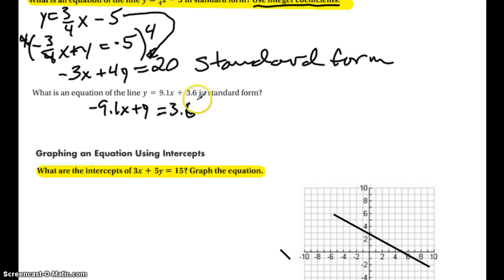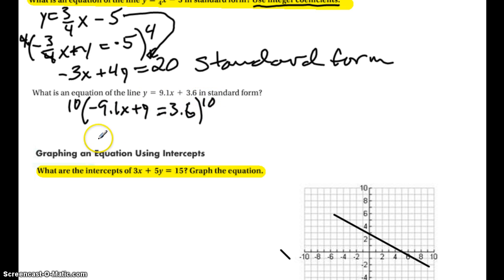And they asked us to get rid of the decimals. Or in other words, make sure we're using integers. Remember, integers are positive and negative whole numbers. Well, 9.1 is not a whole number. So my thought is, hey, if that's 9.1, that's the 10th spot, and this is 3.6, again, that's the 10th spot, probably multiply everything by, yes, you guessed it, 10, and that will get rid of our decimals.